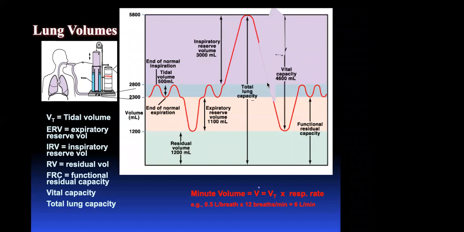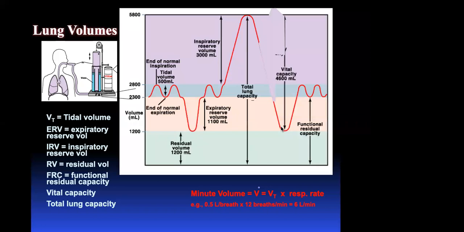If you add all those volumes which I've mentioned so far, that means the total amount of air that you can take in and out of the lungs, that is called the vital capacity. If you have maximum inspiration followed by a maximum expiration, or vice versa, the amount of air that can move in and out of a person's lungs is 4.6 liters.